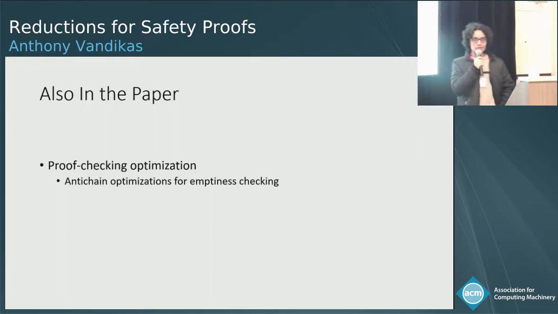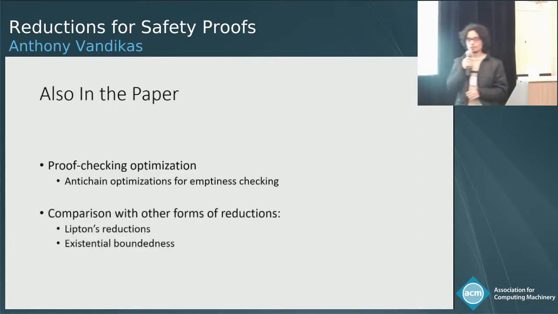So we describe a number of optimizations to mitigate or eliminate sources of this complexity, including what are known as anti-chain optimizations. These have been applied before on standard automata. They don't literally decrease the complexity of what you're trying to do, they just make it work much better in practice. And they do work very well in practice.